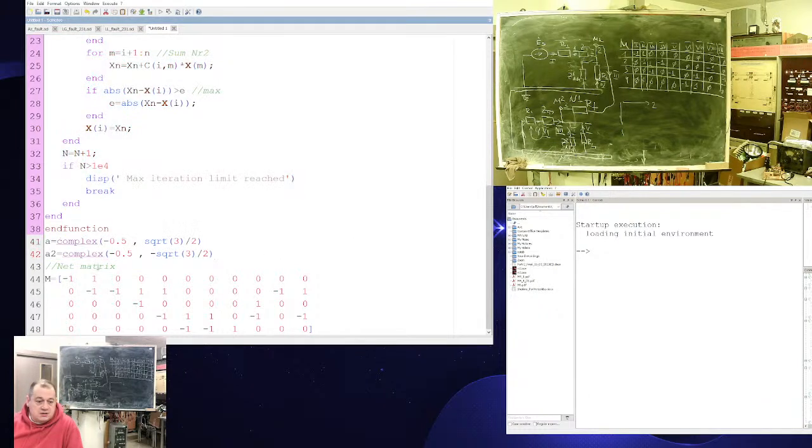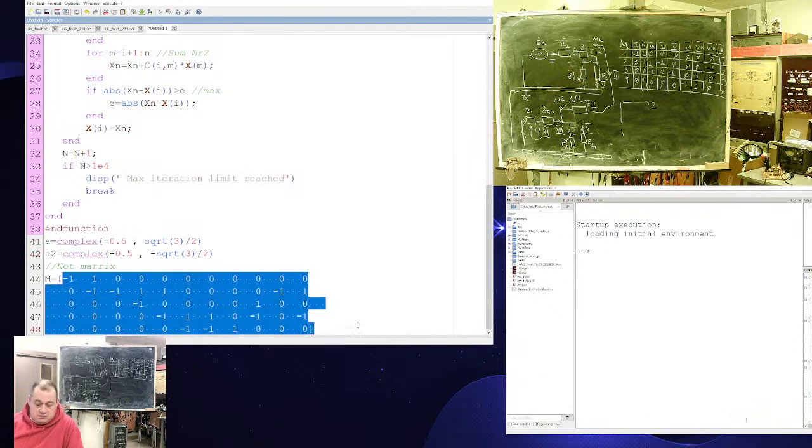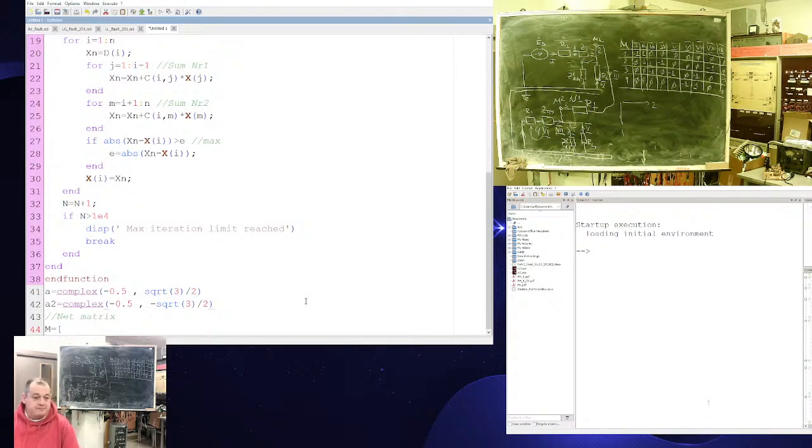Next one, this one is definitely wrong. Let's fill it. What do we see? -1, 1, 0, 0, 0, 0, and 3 more zeros. 1, 2, 3.